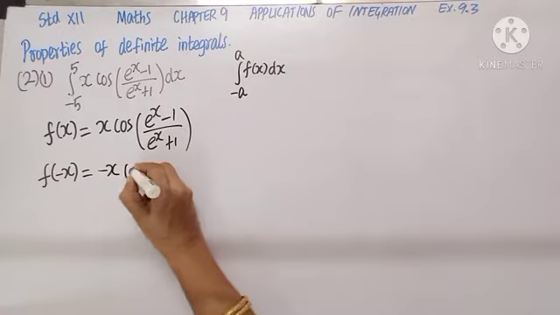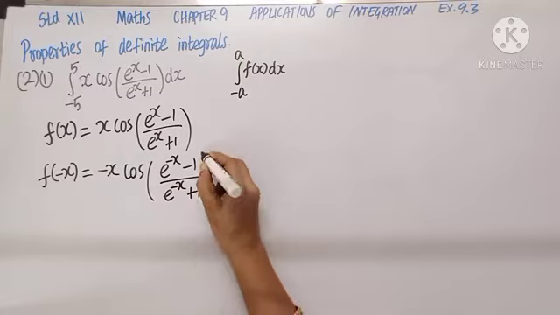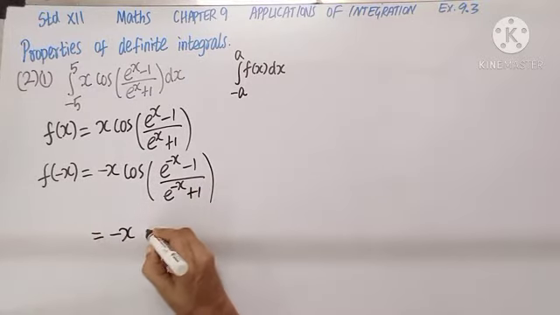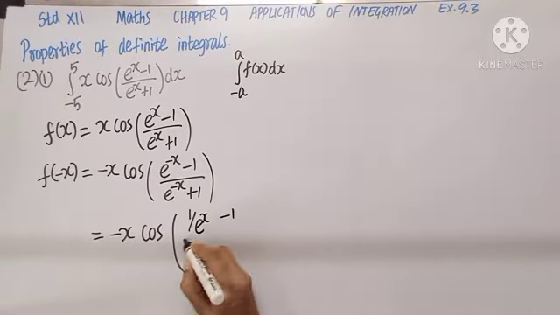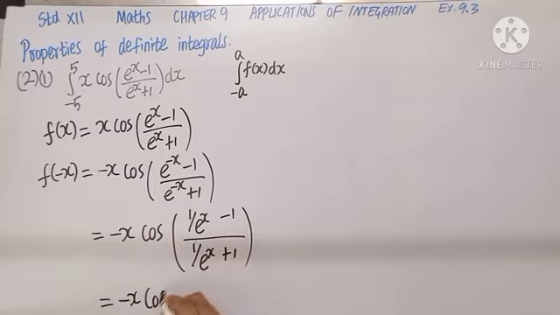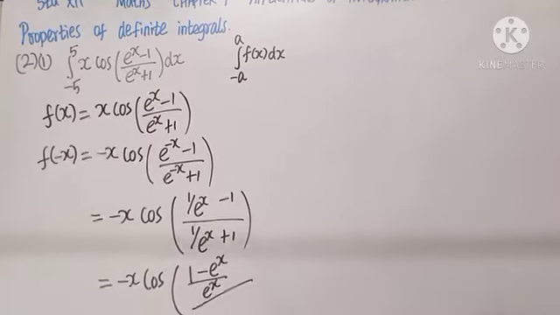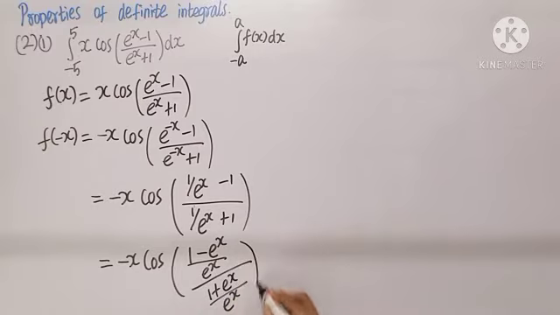Minus x cos of (e power minus x minus 1) by (e power minus x plus 1). That is minus x cos of (1 by e power x minus 1) by (1 by e power x plus 1). Taking the LCM, (1 minus e power x) by e power x divided by denominator e power x, again LCM, cross multiply 1 plus e power x.